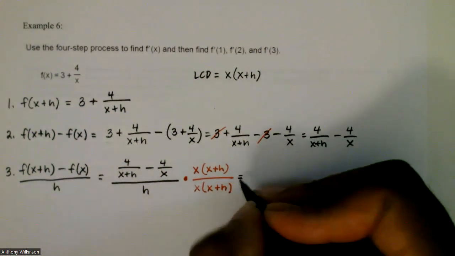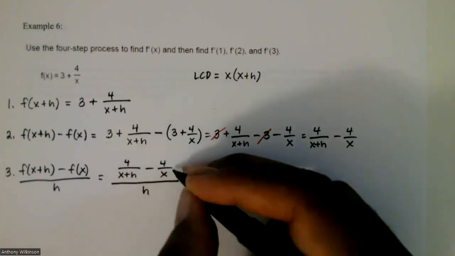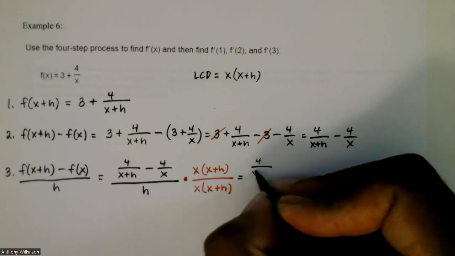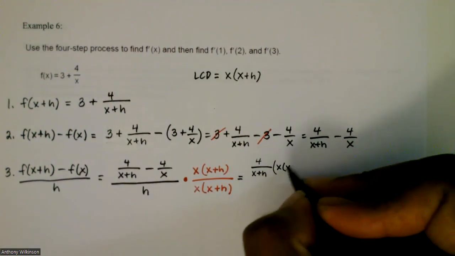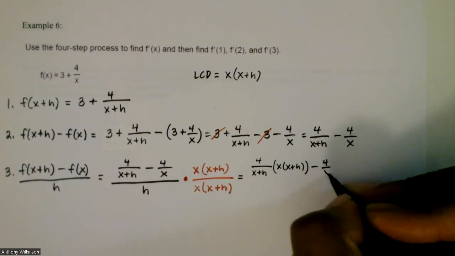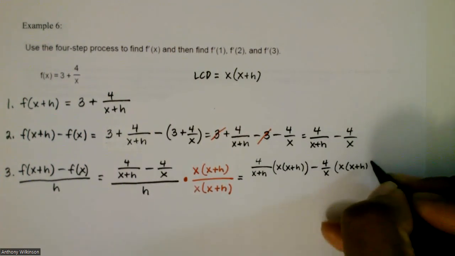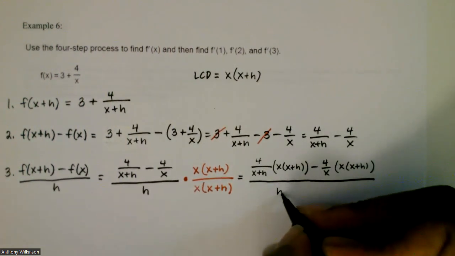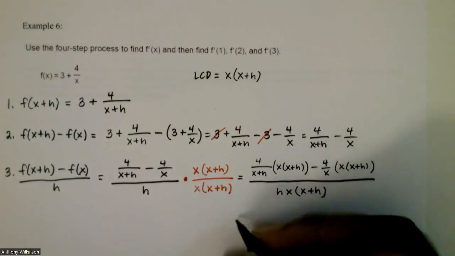Now, take this up here and distribute over these two terms. So this 4 over x plus h will be multiplied by x times x plus h, minus 4 over x, that would be multiplied by x times x plus h. That's going to be over h times x times the quantity x plus h.